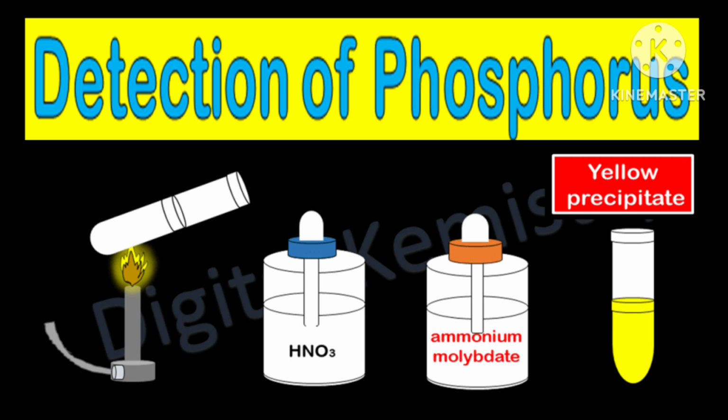Keep in mind, it is also called the ammonium molybdate test. The symbol Mo is capital M, small o.